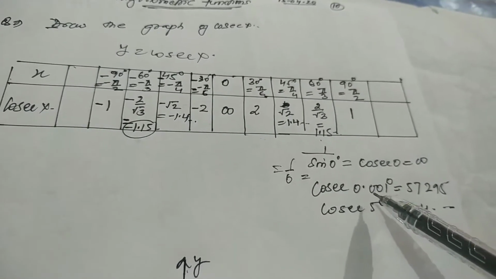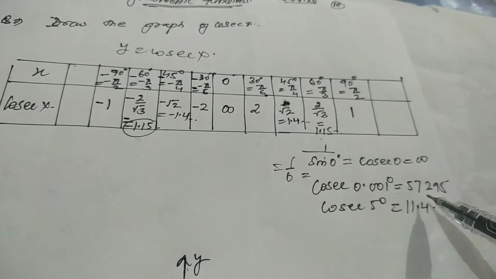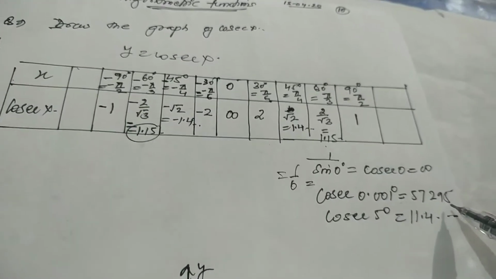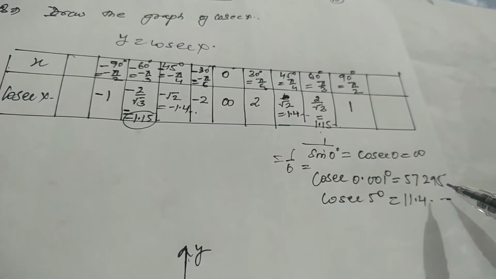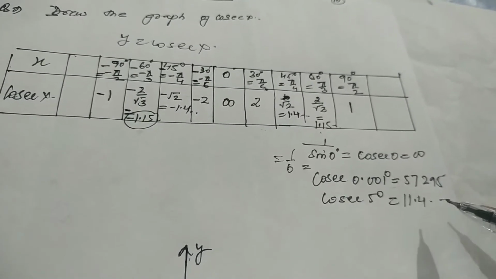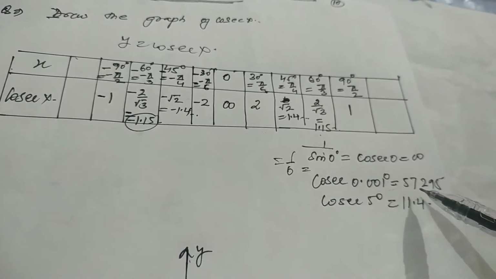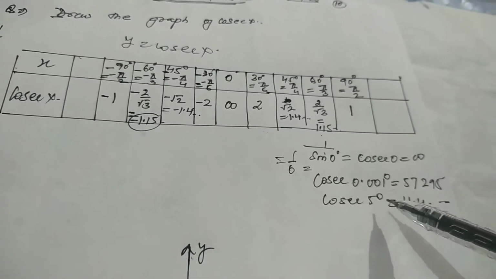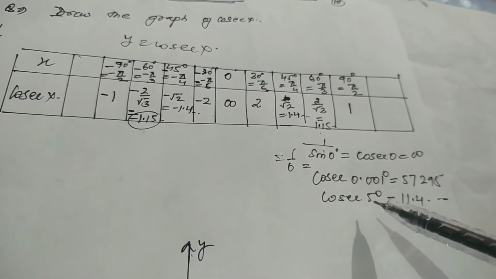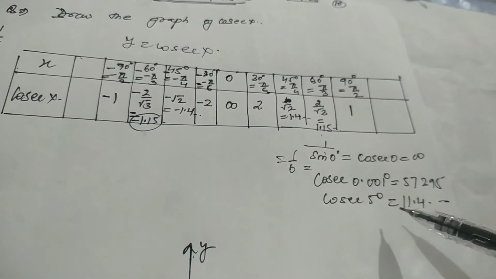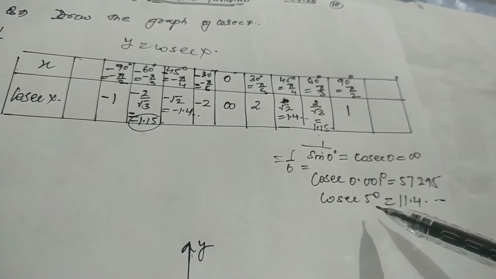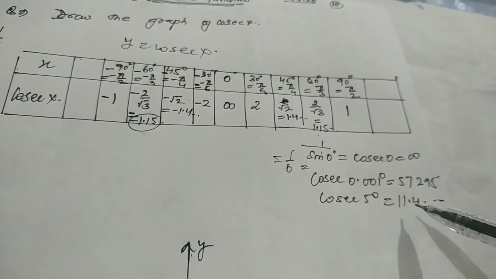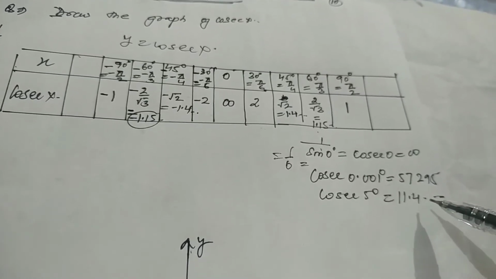And if you look at 0.00001, it will be in lakhs. The closer it is to 0, the more it tends to infinity. The value increases rapidly near 0, and then decreases as you move toward 90 degrees. For example, cosec 5 degrees is about 11.4 and so on.